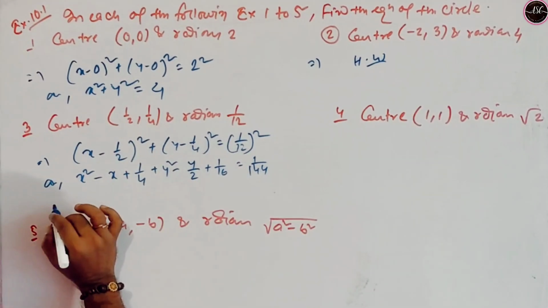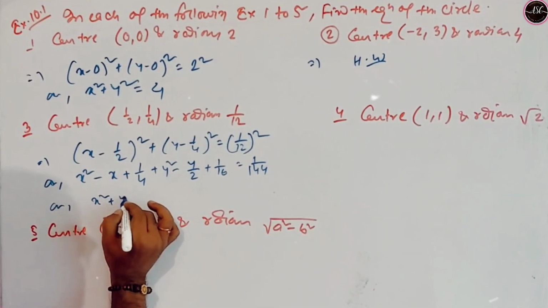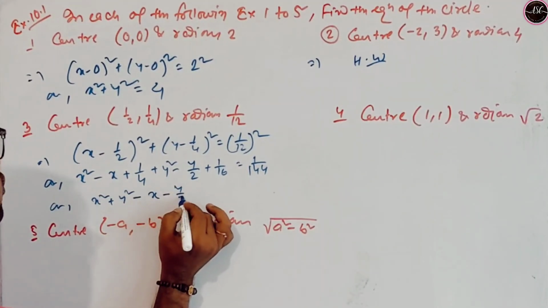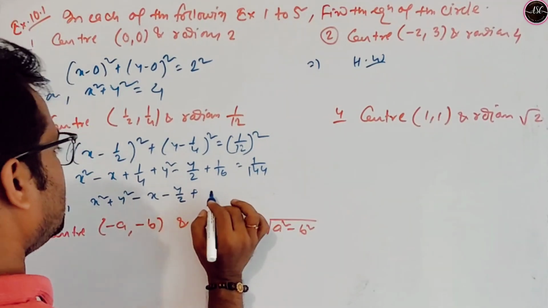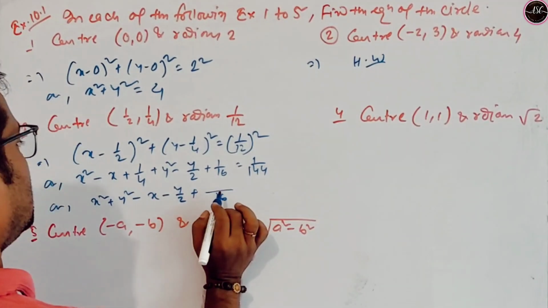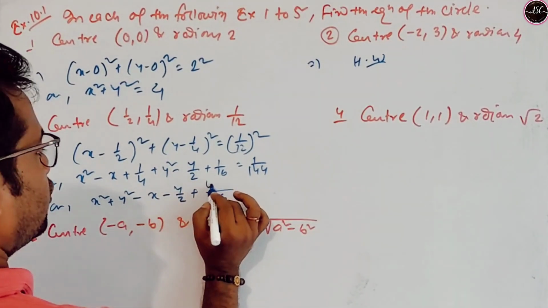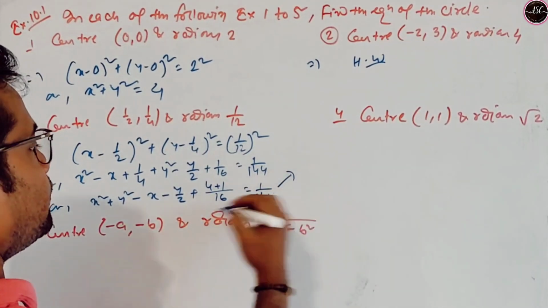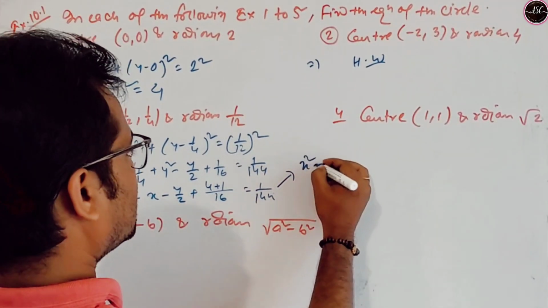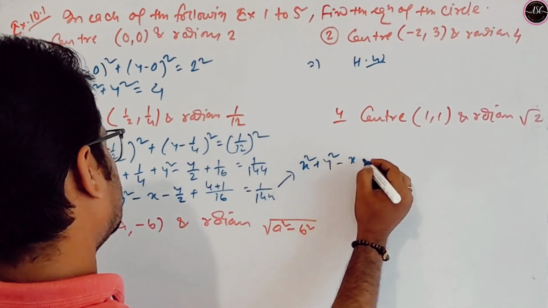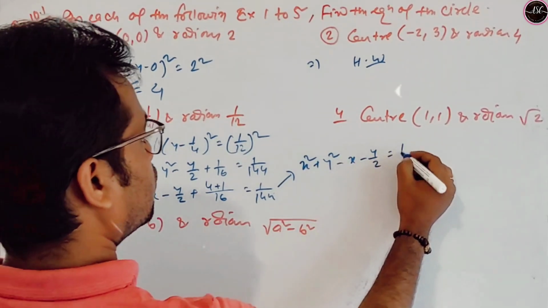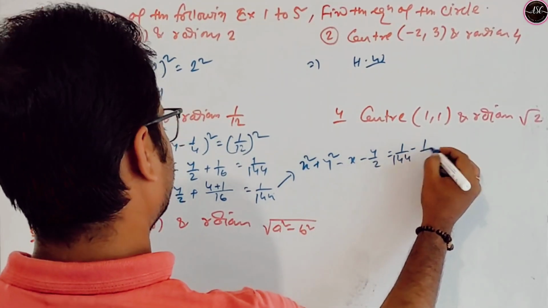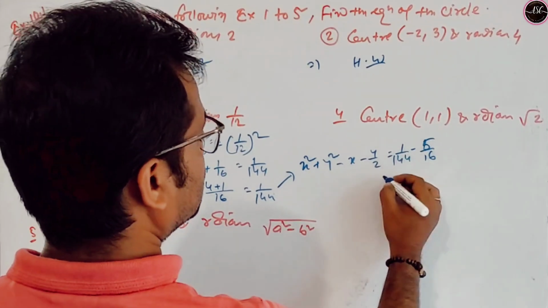Okay, just simplify this. So this will be x square plus y square minus x minus y/2 equal to 1/144 minus 5/16.